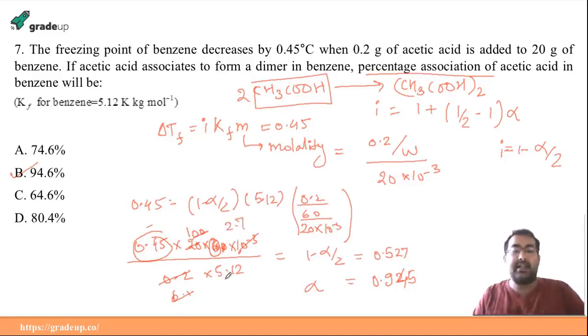You have 2.7 here and 5.12 here, so it's nearly one half. You can approximate, because the options have a pretty big difference between them, so you can easily identify the correct option with a bit of approximation as well.